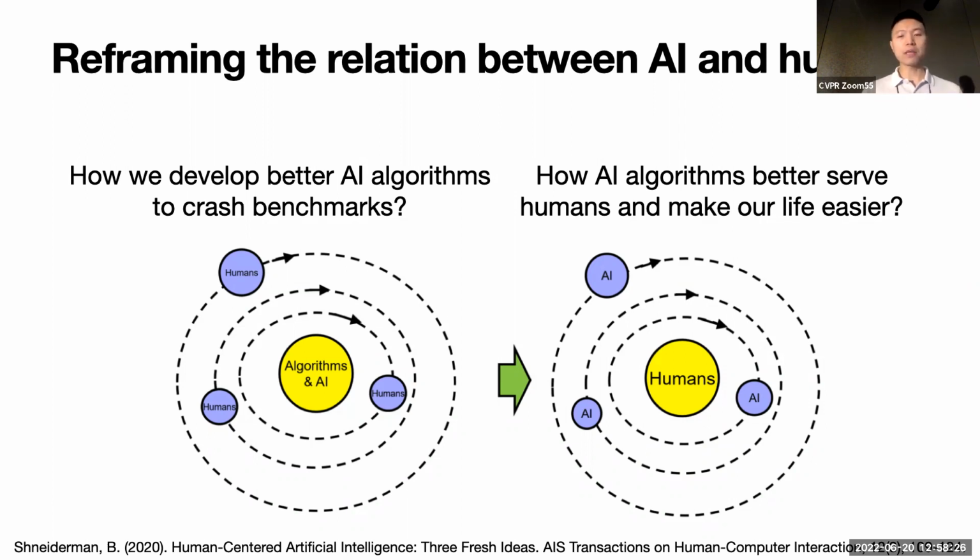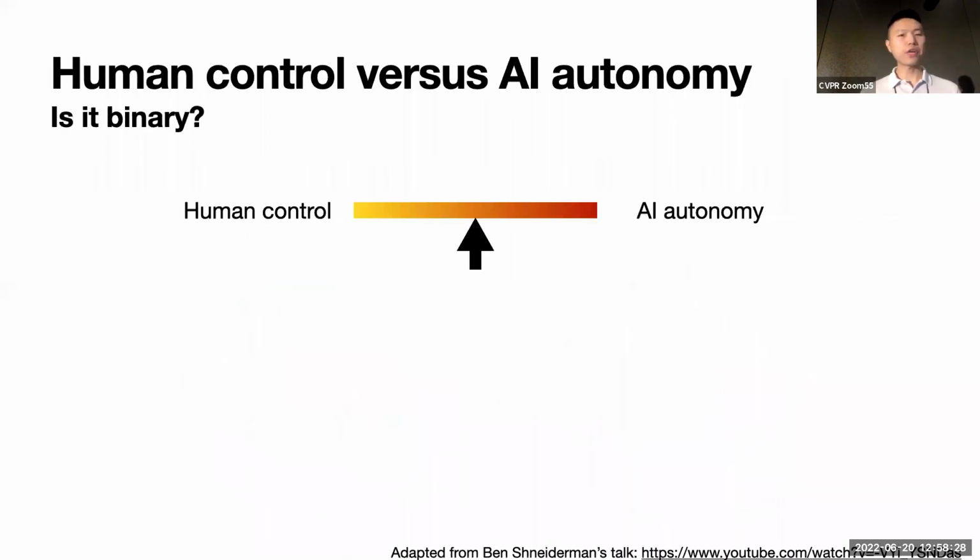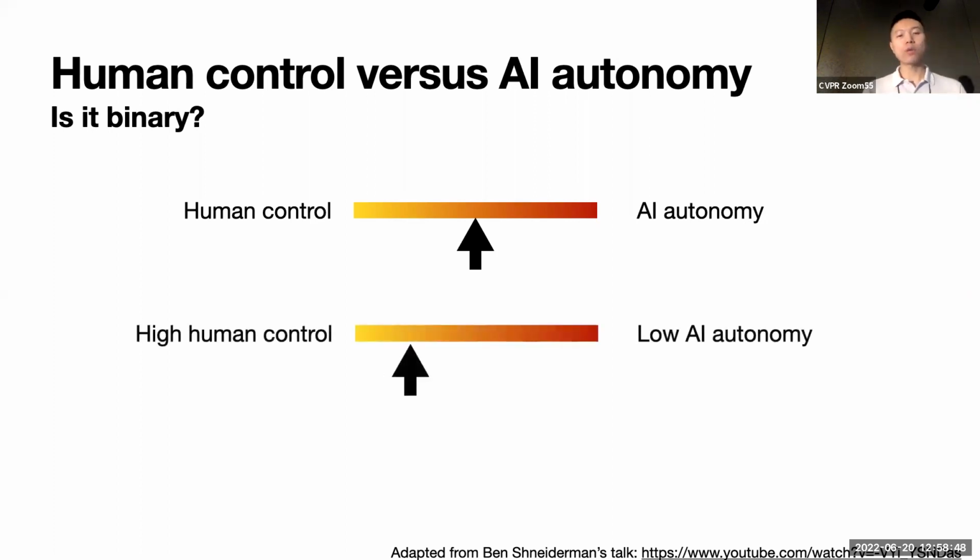For this kind of human-centric AI, one very important concept is human control versus AI autonomy, right? You may wonder whether the relation between human control and autonomy is binary. If we want high human control, then we may have low AI autonomy.